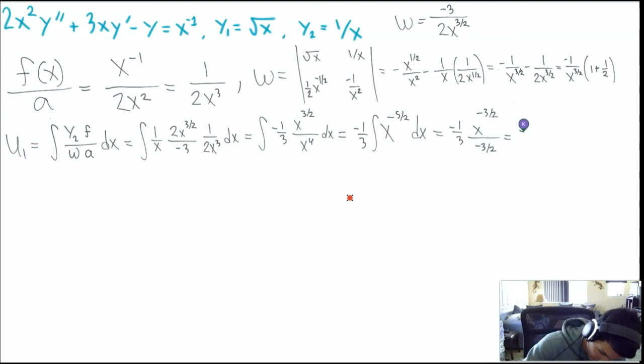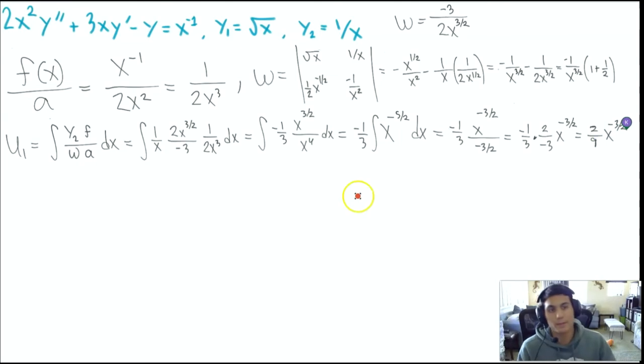And we could write this as negative 1 over 3 times 2 over negative 3 times x to the negative 3/2, which, as you can see, is 2 over 9 x to the negative 3/2. There we go. Okay, so now we just got to do u2.